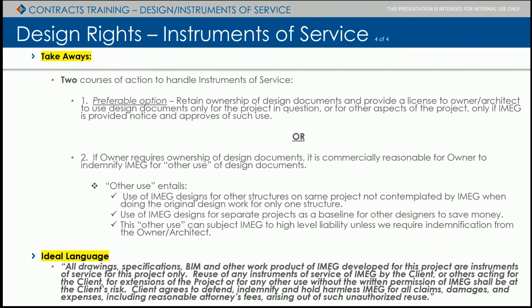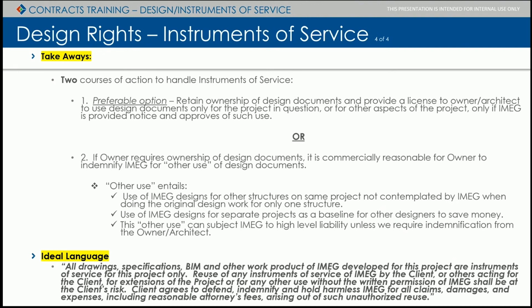The other option is, and what I see 99% of the time, is the owner wants to acquire ownership of our docs. In that case, it's not uncommon for the owner to recognize that we need assurances that, yeah, we'll give you ownership, but you need to use it for this project and indemnify us for other use.